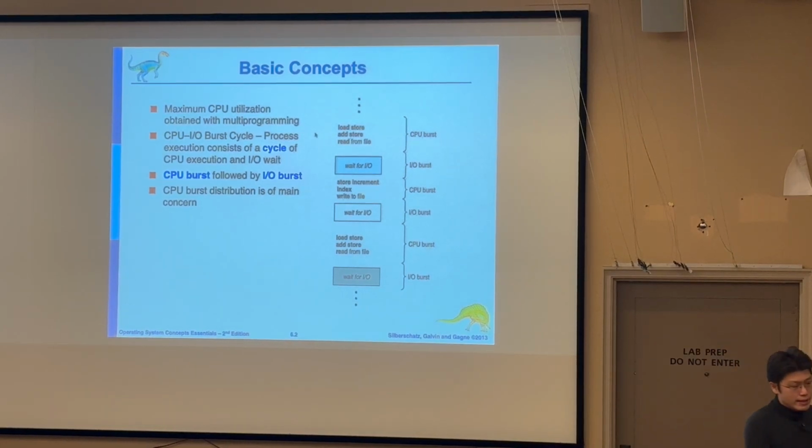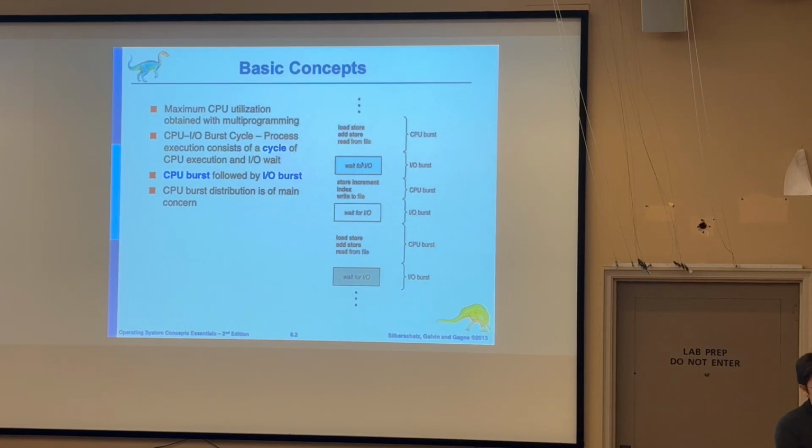This is how a program typically executes. In a certain period of time, it will execute CPU instructions, and then it will issue an I/O operation, such as a read from file. And once this I/O operation is issued, you wait for the I/O operation to finish.